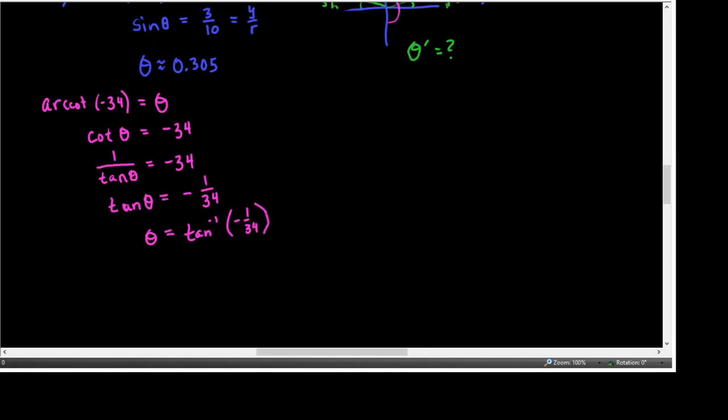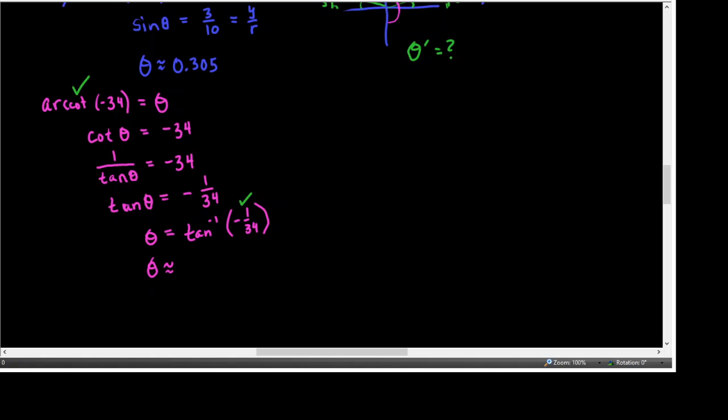And I want you to notice what happened there. The tangent inverse is not the reciprocal of arc cotangent. That's not what you're taking the reciprocal of. Notice, if you equate these two things, it's not the reciprocal of the function, it's the reciprocal of the argument.